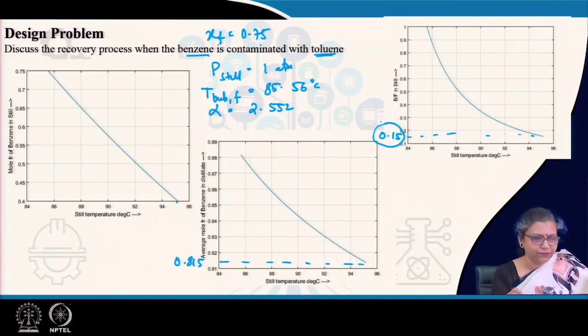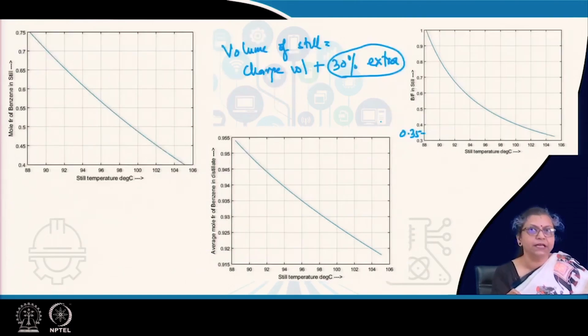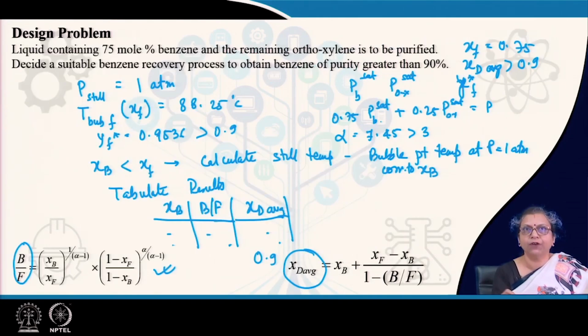One small thing I would like to mention, which I had forgotten to mention in this case: when I was doing this, initially I had assumed an alpha of 7.45.